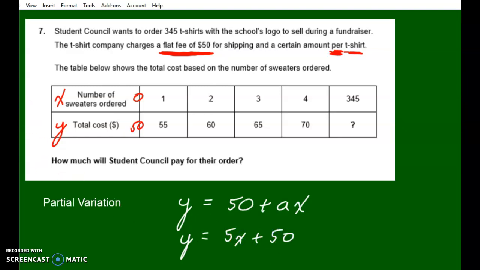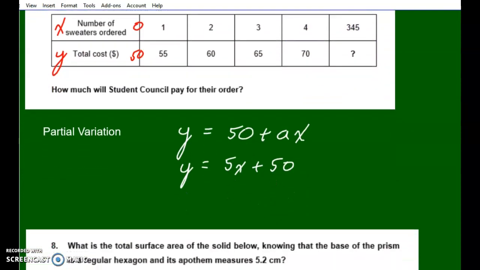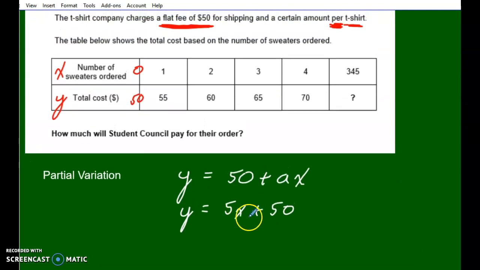Now, if I want to calculate how much it will cost for 345 t-shirts, all you have to do is plug in the 345 in here, and you can just calculate it.